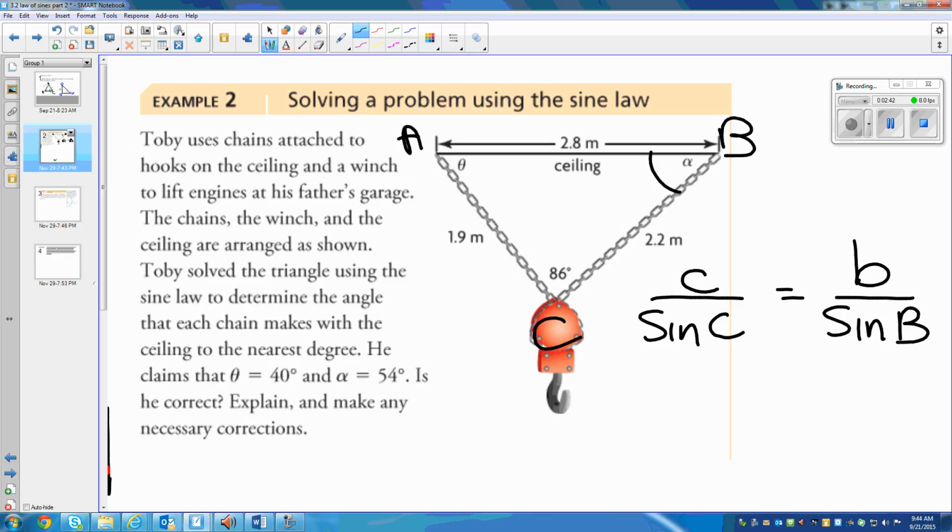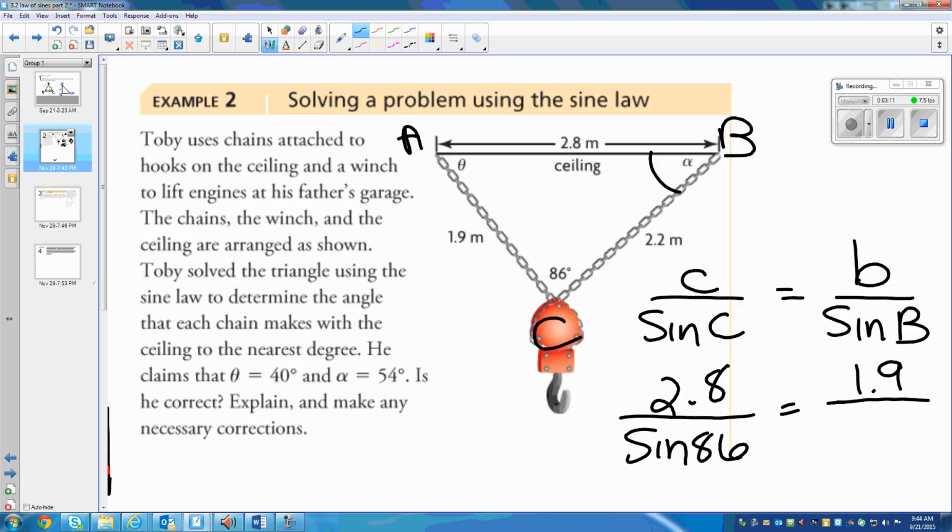So, what's side length C? Jesse, what's side length C? 2.8. And angle C? Angle C, Dylan says it's 86, so sine of 86 is equal to side length B. Do we have a side length B, Jocelyn? 1.9 over sine of B. Okay.